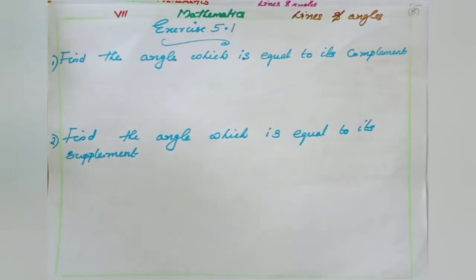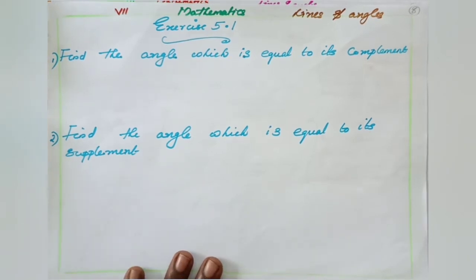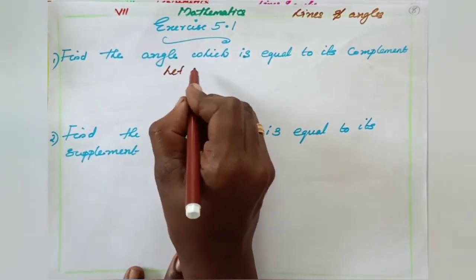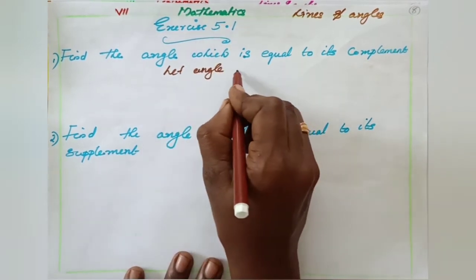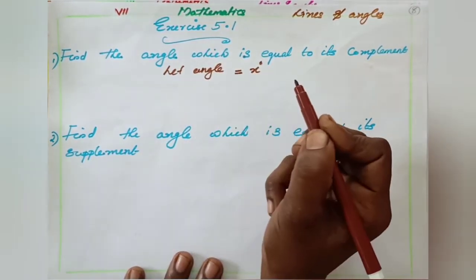Okay, let us do the Exercise 5.1 questions. Find the angle which is equal to its complement. We know complementary angles sum to 90 degrees. So here, find the angle which is equal to its complement. Let the angle be x degrees.